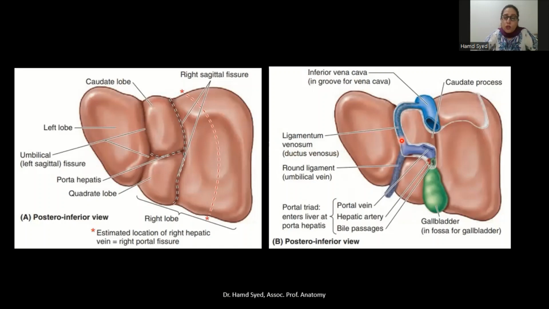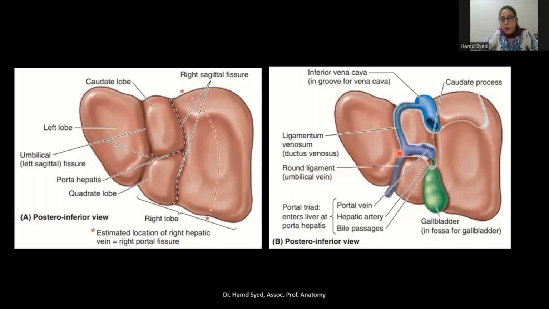If you recall the lectures of embryology, the ductus venosus was a venous channel that is functional during fetal life, and it transports blood from the umbilical vein to the inferior vena cava in fetal life. But after birth, it is closed and it is replaced by the ligamentum venosum. Also, we can see here the fissure for ligamentum teres, also known as the round ligament of the liver. This is the remnant of the umbilical vein. So collectively, this is known as the umbilical fissure.